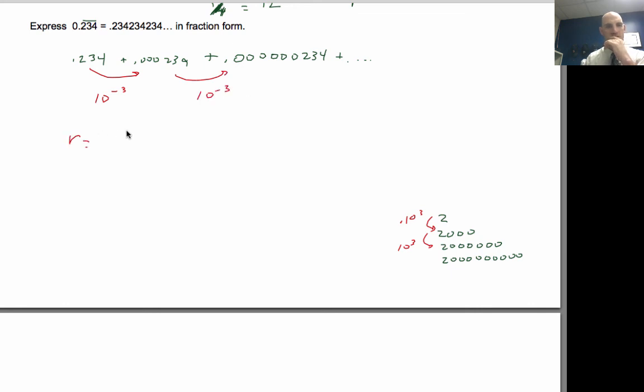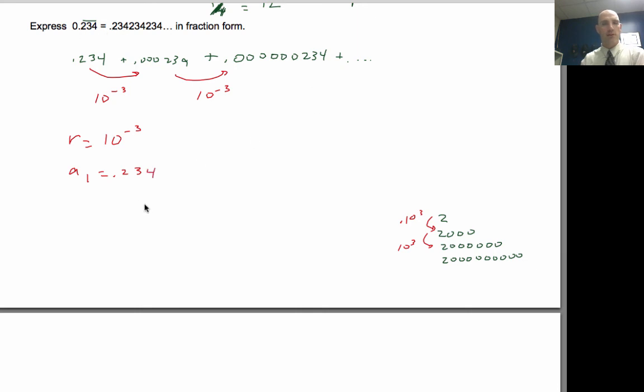So my common ratio is equal to 10 to the negative third. What I'm doing here is I need a way to write this in terms of a geometric sequence. Yeah, it's a geometric sequence because I'm doing the same thing every time, but it's a multiply. My A sub 1 is equal to 0.234.